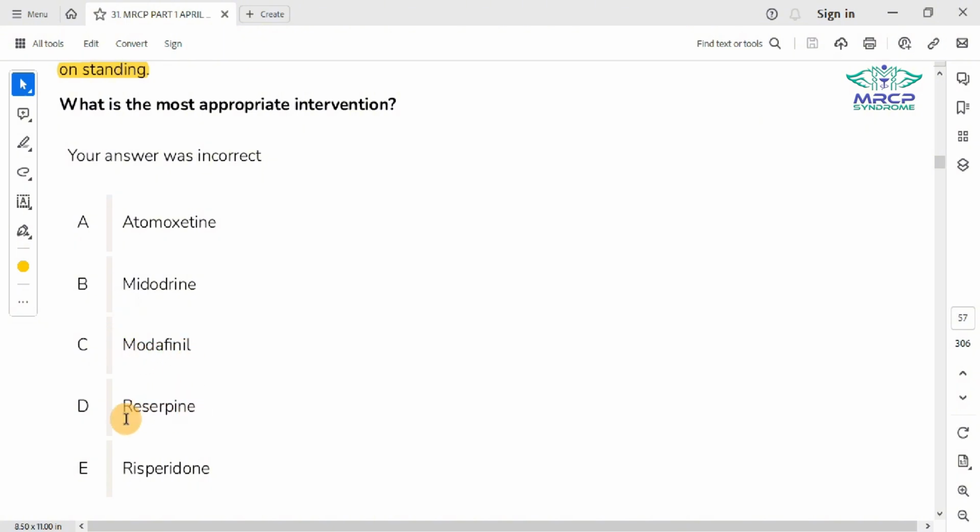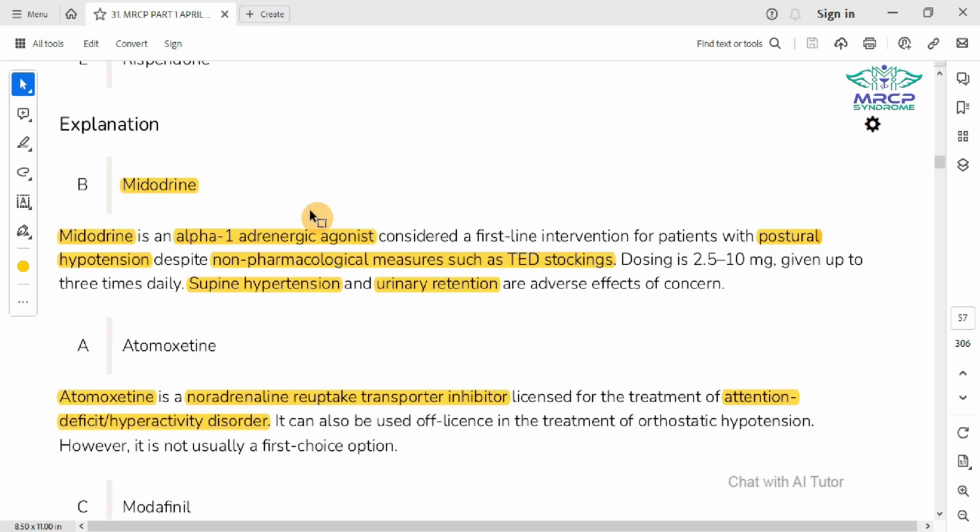And reserpine has the reverse action compared to midodrine. Midodrine is the alpha-1 adrenergic receptor agonist, and reserpine is an alpha-1 adrenergic receptor antagonist or blocker. So reserpine is contraindicated in a patient with orthostatic hypotension. And risperidone is an atypical antipsychotic, more commonly indicated in a patient with acute schizophrenia.